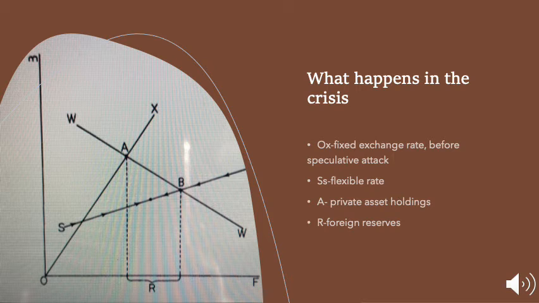Before the speculative attack, the private holdings are represented by point A. In the meantime of the attack, investors relocate their funds, and they reduce their holdings of both domestic and foreign money, and they shift from point A to point B along the line of constant W. And the increase in the holdings of the foreign money is achieved by the acquired government reserves, which is represented by R. So as we can see, with the speculative attack, not only did the exchange rate shift from fixed to flexible, but even the private holdings also decreased.